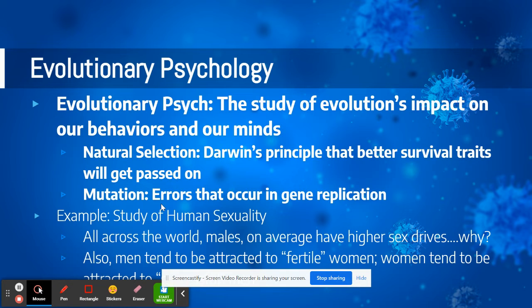Sometimes there are beneficial mutations, sometimes not beneficial ones. But the beneficial mutations tend to be what sticks with us, and then we reproduce those going forward. And so psychologists want to know what aspects of who we are connect to some sort of evolutionarily beneficial traits that we've developed.